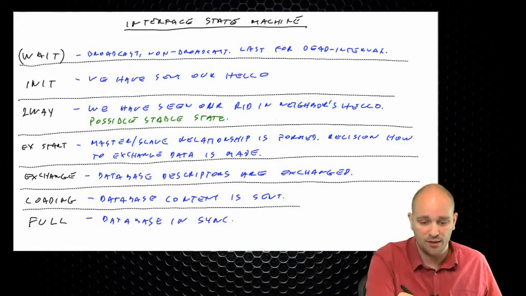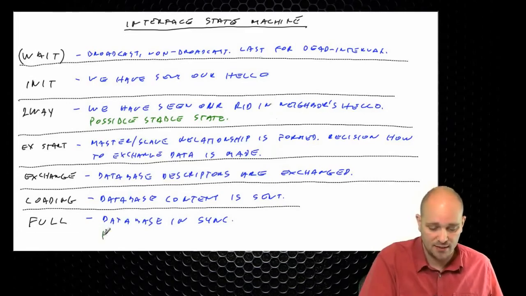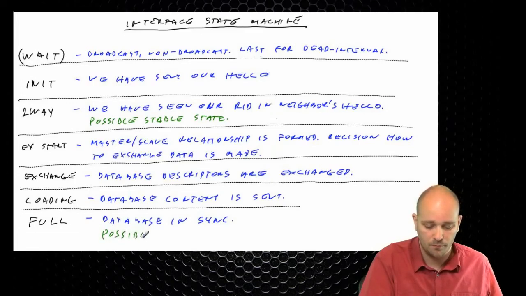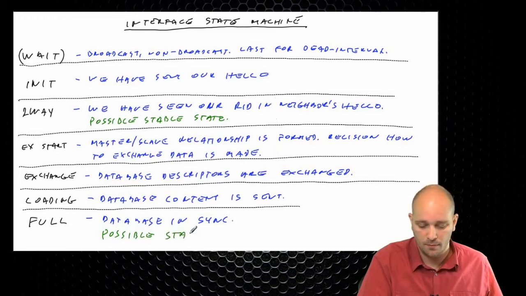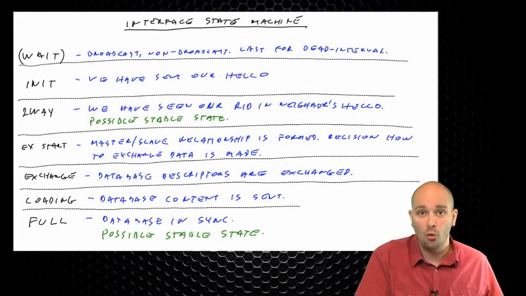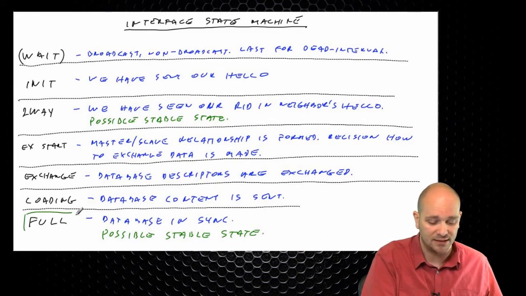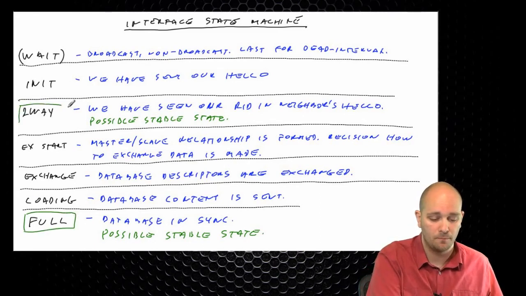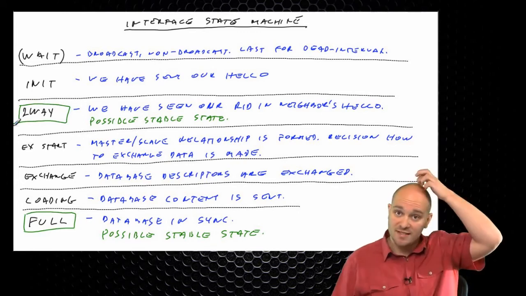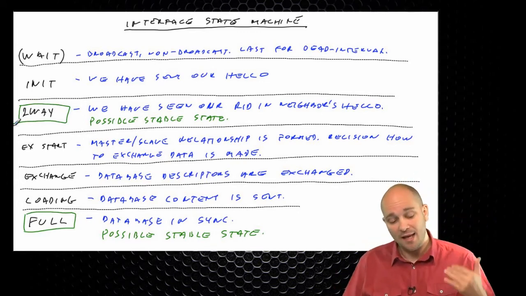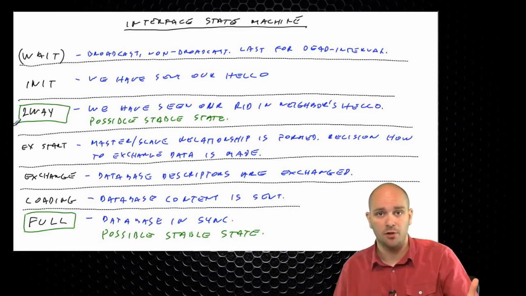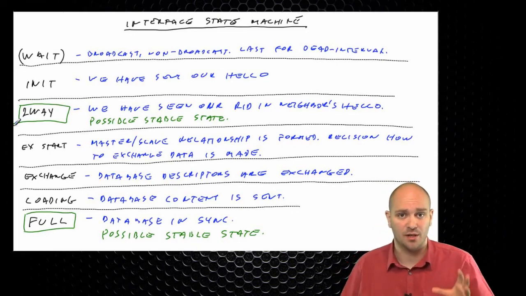And at this point here, I should write that this is a possible stable state. So there are only 2 possible stable states. That's full and two-way. All others are transient states, and if you see the router in any of those states for extended period of time, there is something wrong.